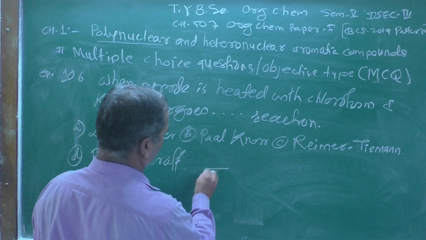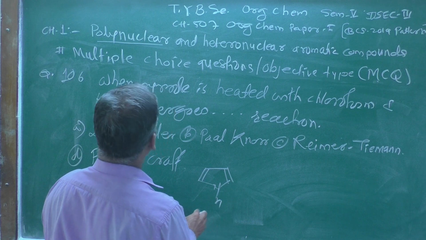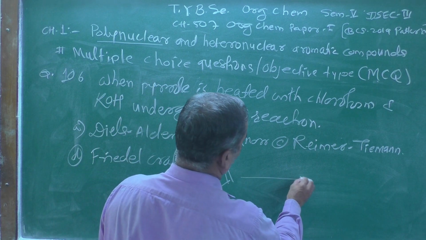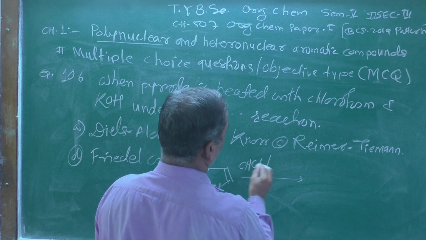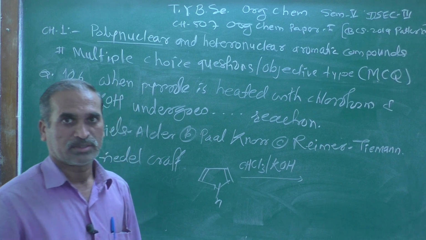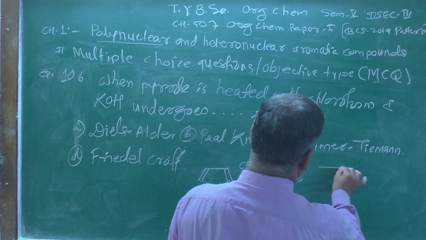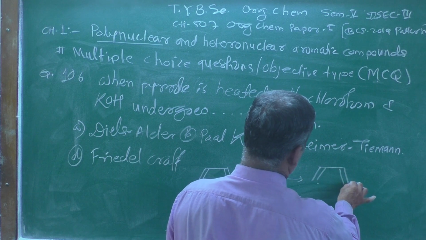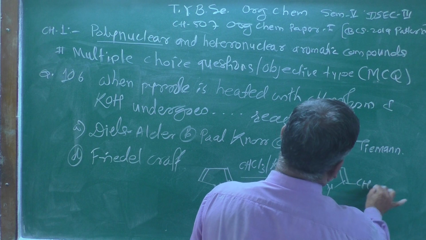If you remember the reaction, this is the starting material, where chloroform and KOH is the reagent used, and we get the desired product, this one, CHO.